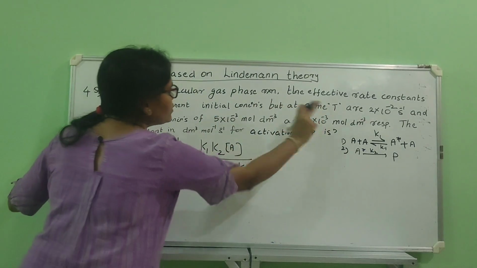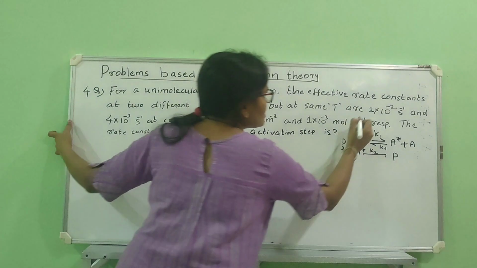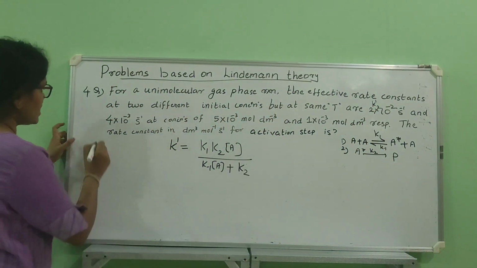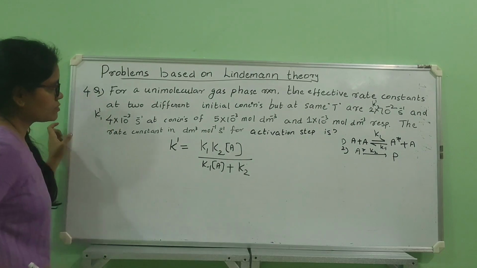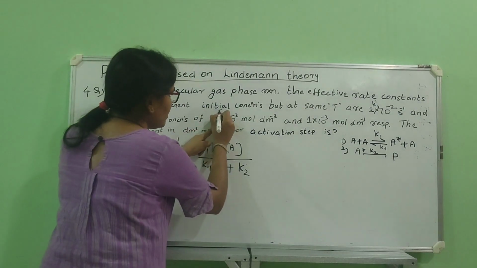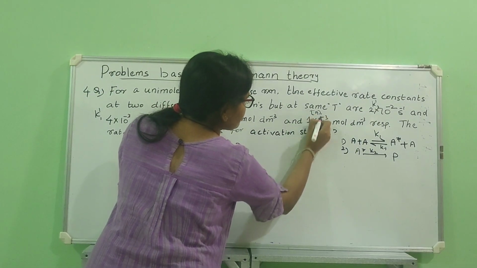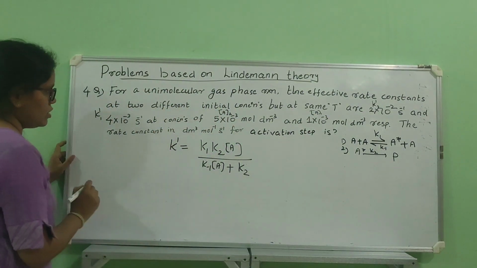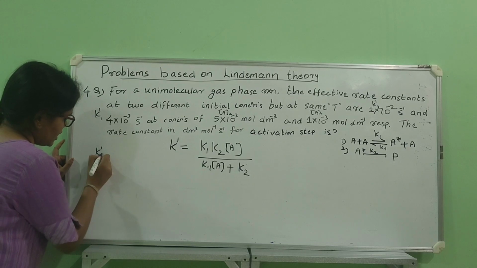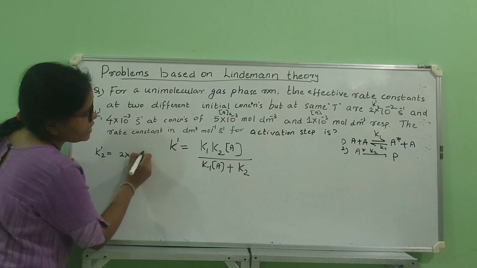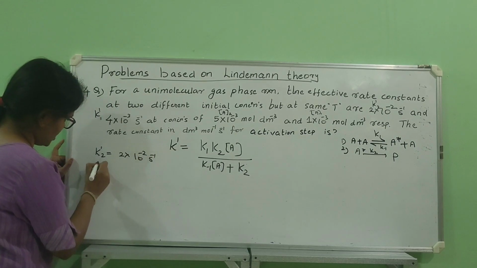Now we are given two rate constants. So I will consider it as K dash 2. So this is K dash 1. So this concentration will become A2 and this will become A1. So K dash 2 is 2 into 10 power minus 2 second inverse.